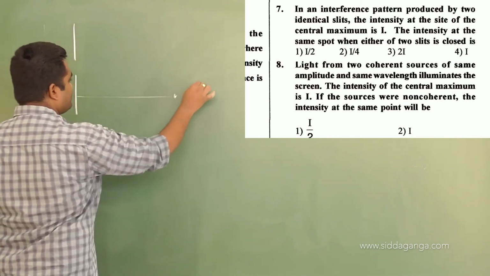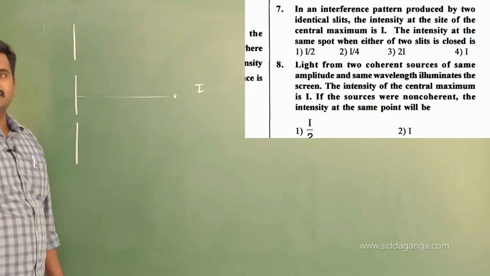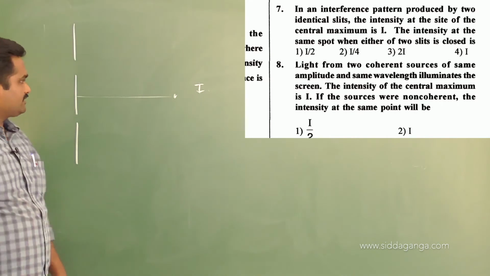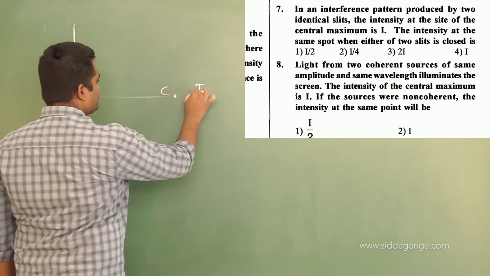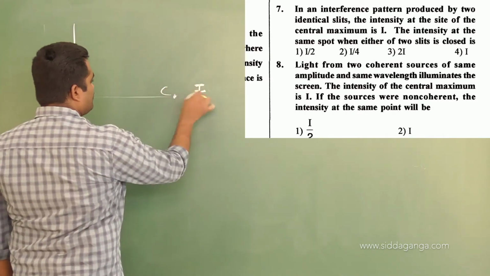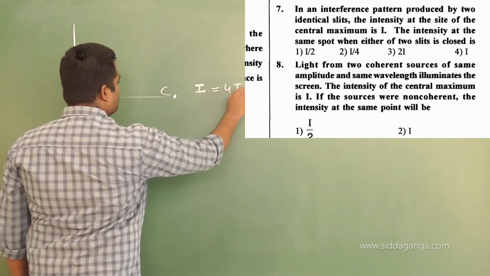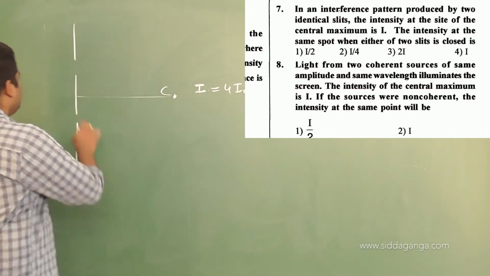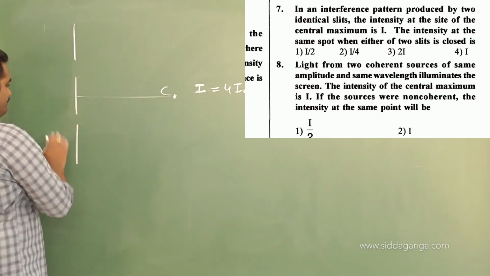At the site of central maxima, the intensity is I, they are saying, and you know this I will be equal to 4I0.